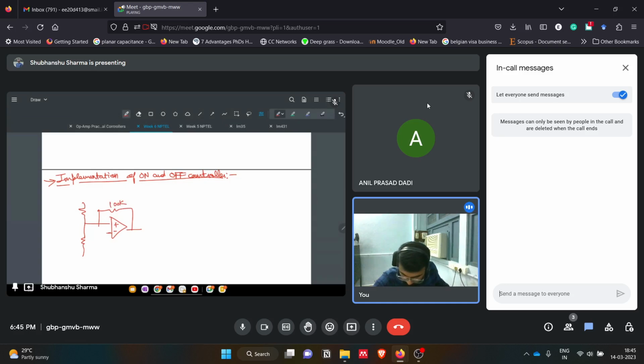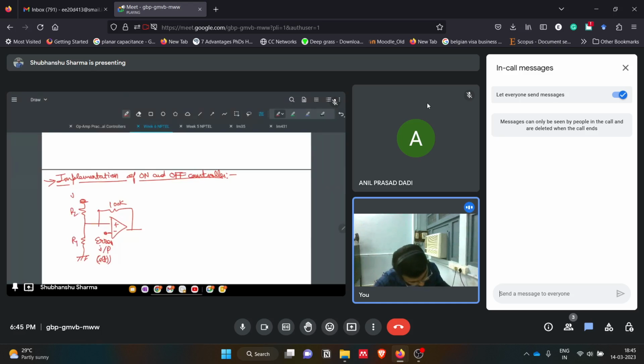We had our error input E of t from this side, and this was R1, this was R2, basically a voltage divider circuit.